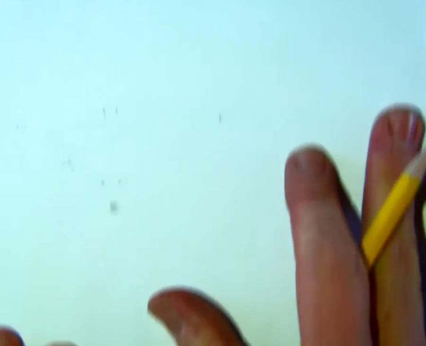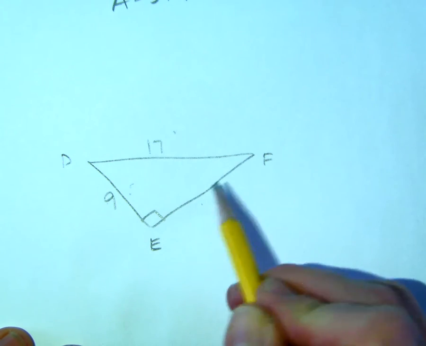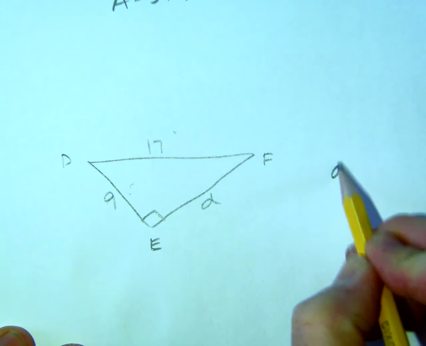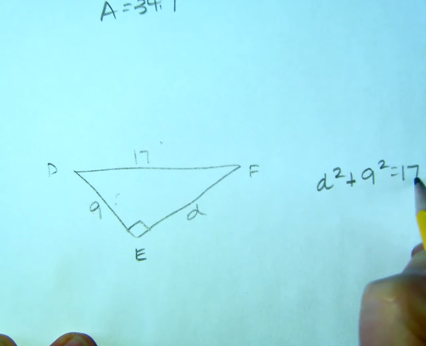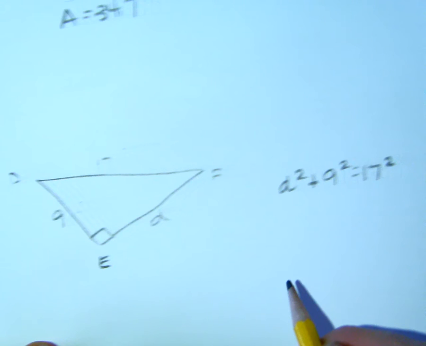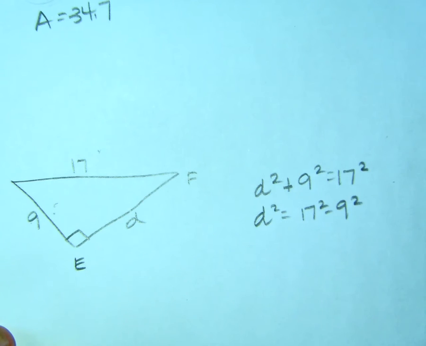Okay. Here's my next one. Again, I have two sides, so how am I going to find this other side, D? I'm going to say that D squared plus 9 squared equals 17 squared. So D squared equals 17 squared minus 9 squared, and I have to use a calculator for that, just to be fast.